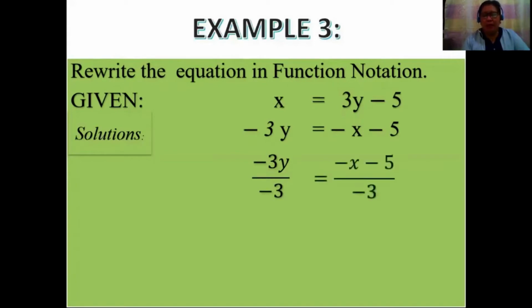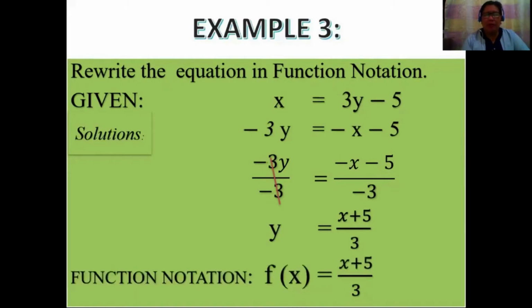Divide also the other side, the negative x minus 5, by negative 3. Simplify by cancellation and simplify also the signs, then we will have y is equal to x plus 5 over 3. So, the function notation is f of x is equal to x plus 5 over 3.